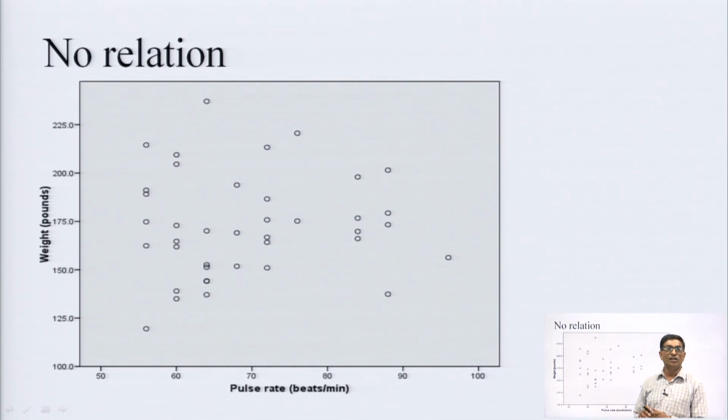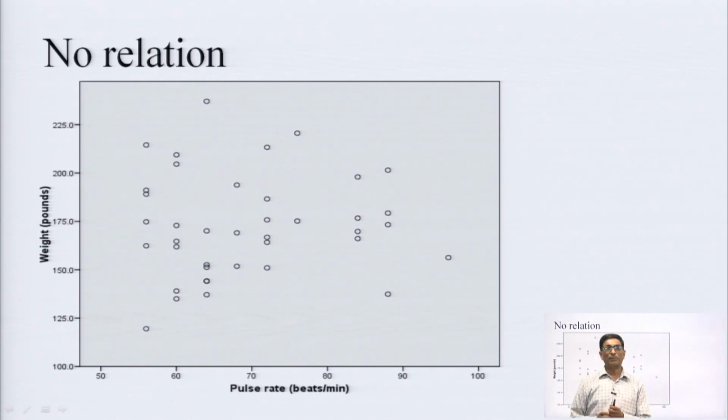This data shows pulse rate in beats per minute on the x axis and weight in pounds, and we find a scatter pattern like this. We cannot find that as the pulse increases, weight increases or decreases. So, there is no relationship.